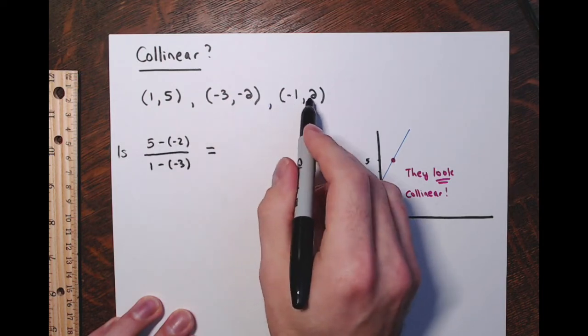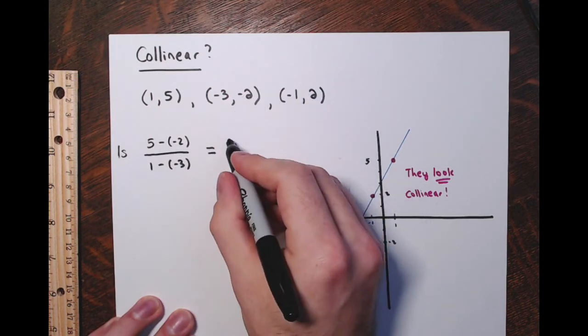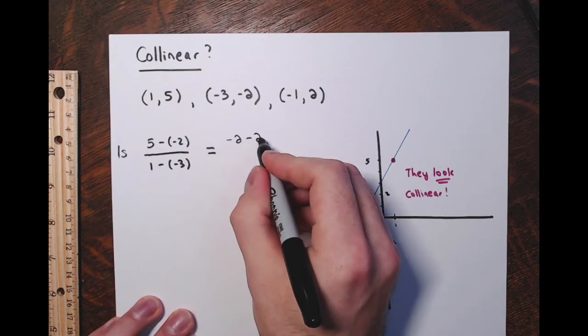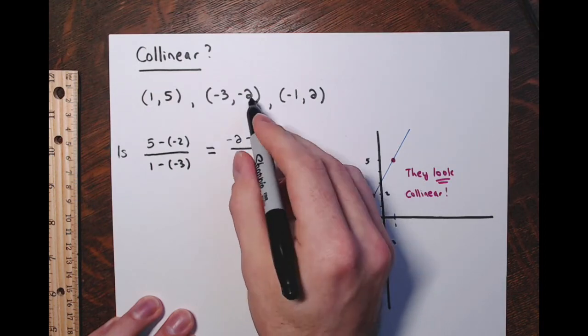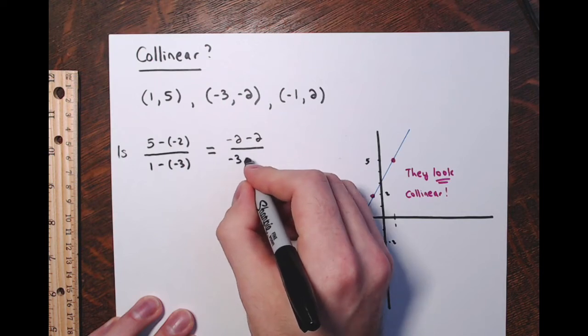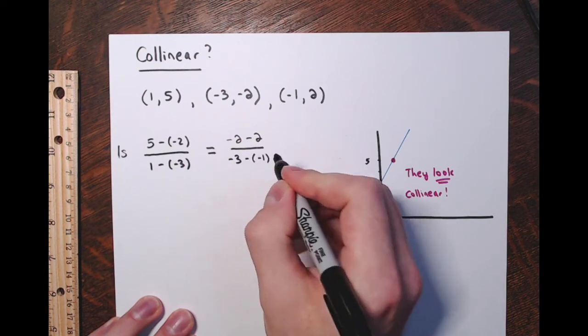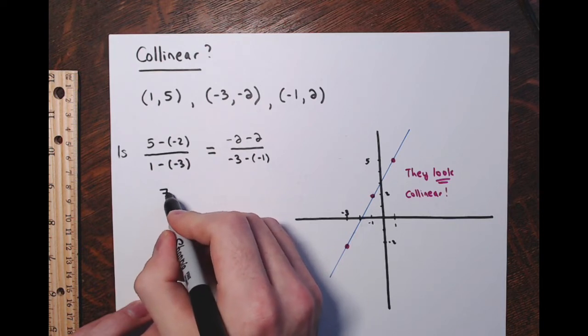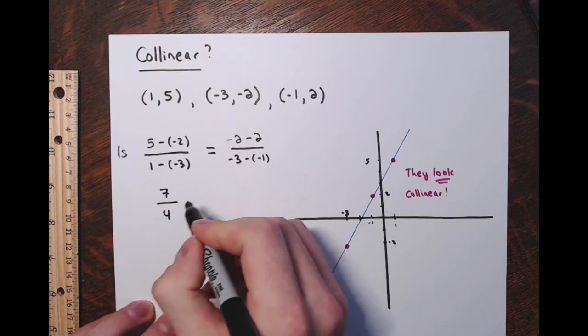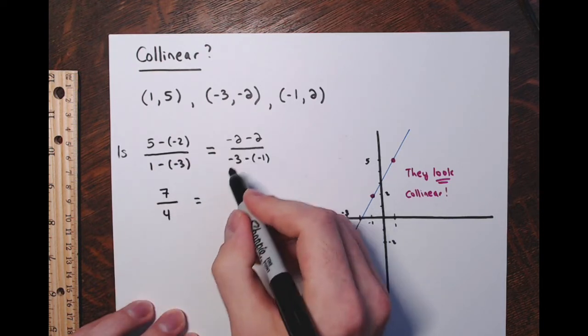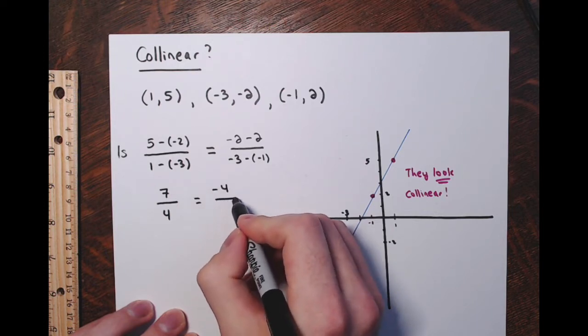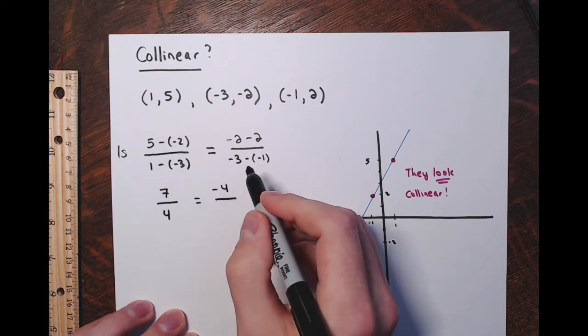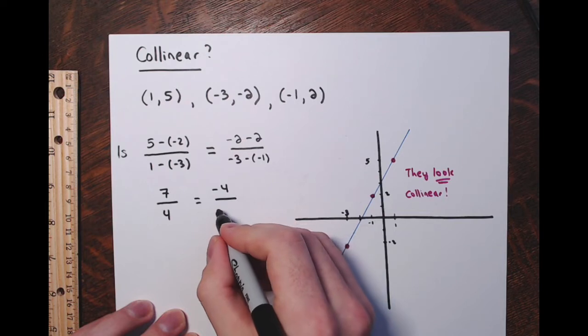Now the slope of the line going through these 2 points would be the change in y, -2 minus 2, divided by the change in x, -3 minus -1. Alright, so here this is 7 in the numerator, 4 in the denominator, and this is -4 in the numerator, and -2 in the denominator.